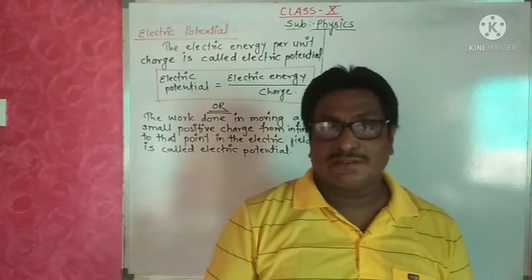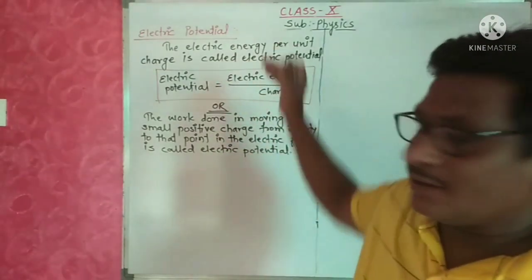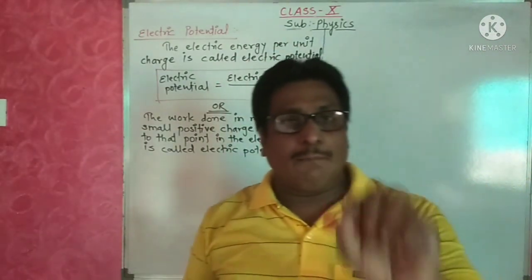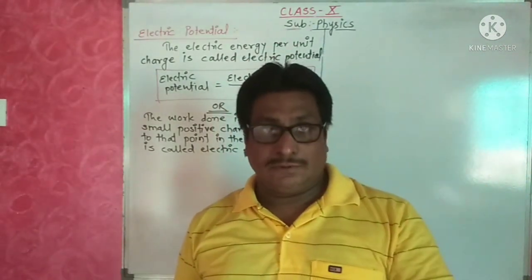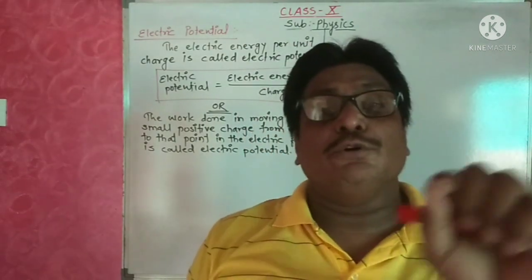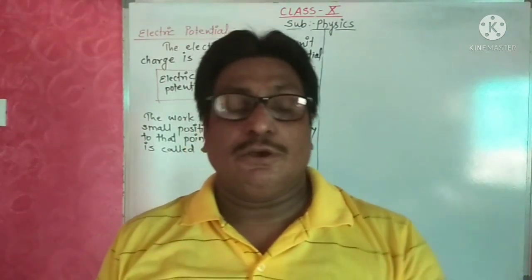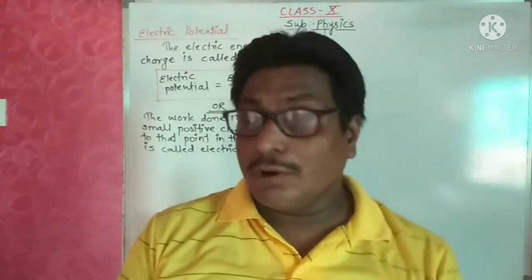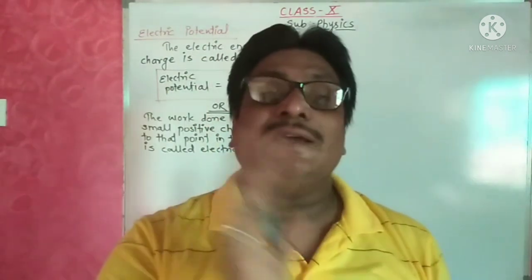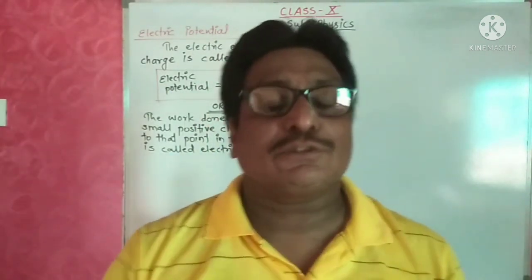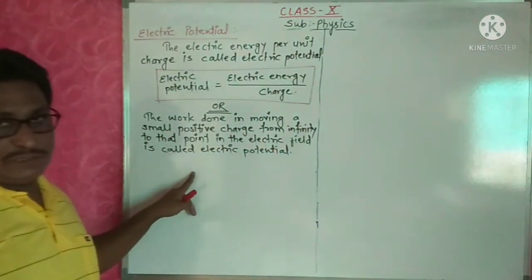Another definition: out of the two, any one you can write. The amount of work done in moving a unit positive charge from infinity to a particular point in the electric field is called electric potential.